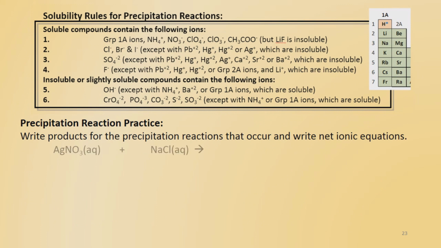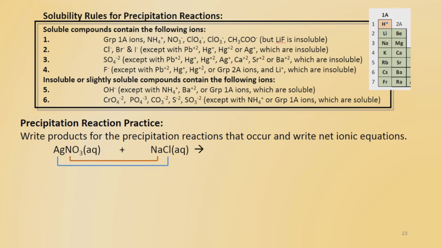Okay, let's get some practice. Let's combine aqueous silver nitrate with aqueous sodium chloride. Both of these are soluble. Let's interchange ions. The brown line connects the inner ions, so when sodium ion meets nitrate ion, we know from solubility rule number 1 that all nitrates are soluble and all sodium salts, group 1A ions, are soluble, so certainly sodium nitrate is soluble.